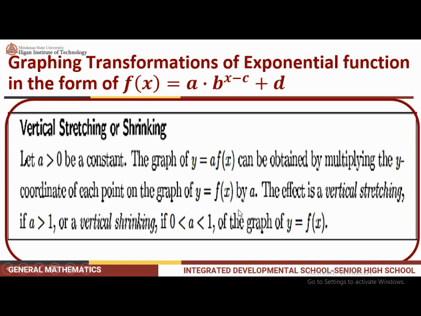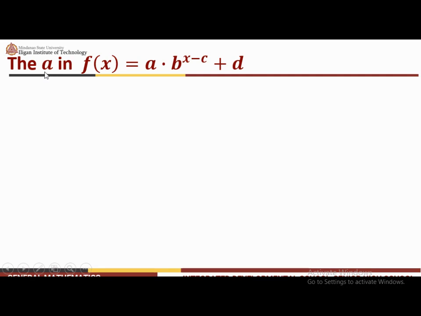The effect is a vertical stretching if our a here is greater than 1, or a vertical shrinking if our a here is between 0 and 1 of the graph y equals f(x). So the a in f(x) = a·b^(x−c) + d.